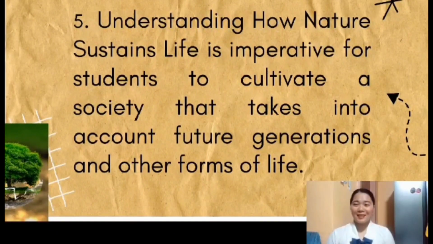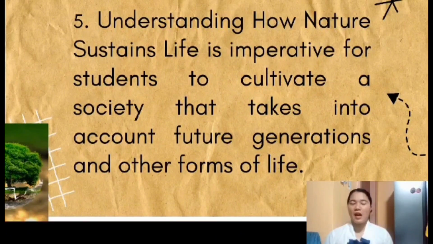Okay, so lastly, we have understanding how nature sustains life, which is imperative for students to cultivate a society that takes into account future generations and other forms of life. So think of nature like a wise teacher.